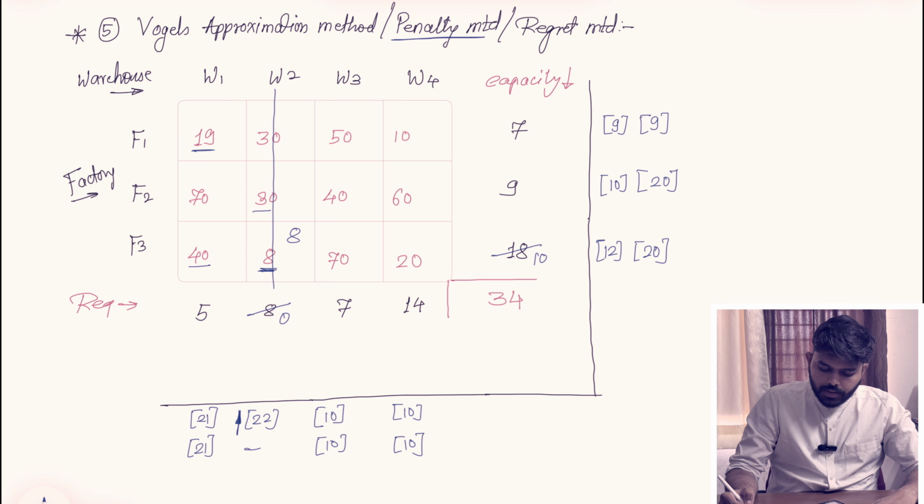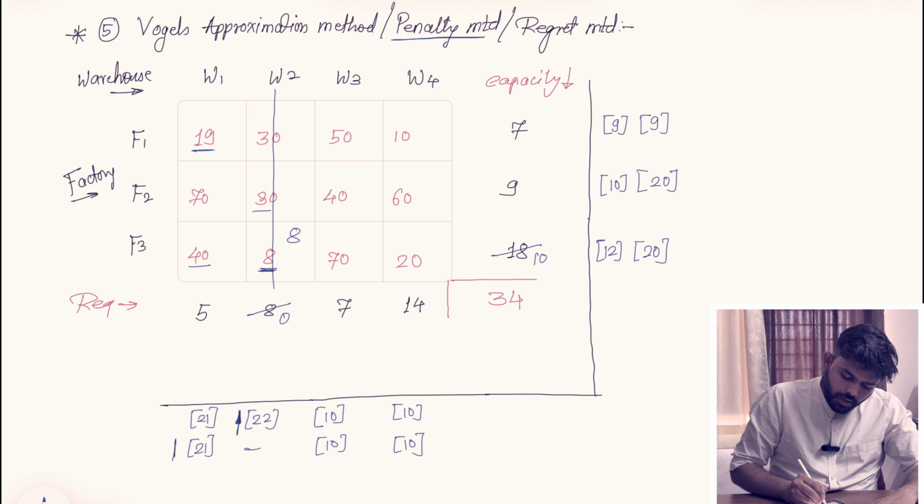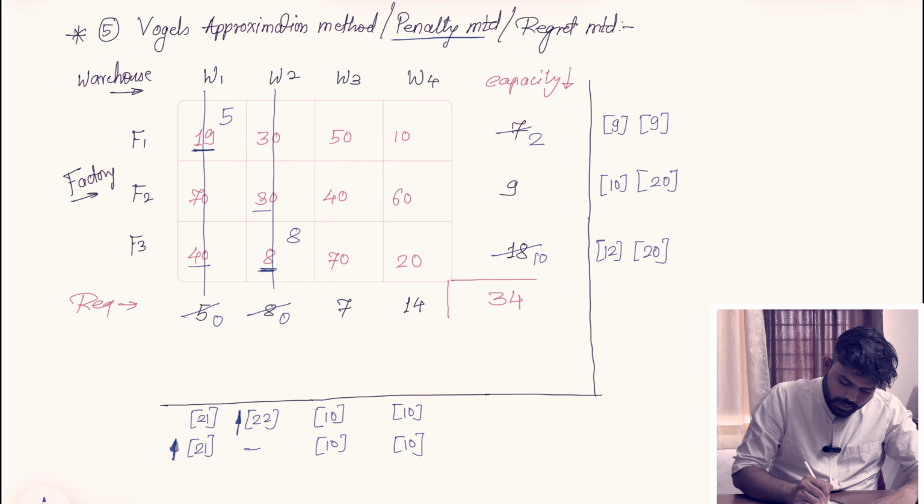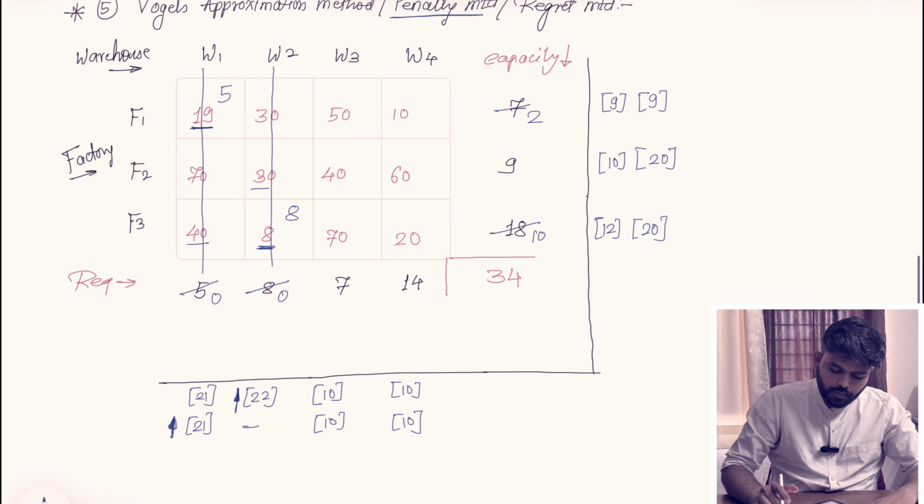Now out of these 6 penalties, the penalty of the first column is highest. So we will enter through this column and the allocation will be at the lowest cell value, that is 19. At 19 we can allocate 5. So this 5 will become 0 and this 7 will become 2. We will scratch the column.